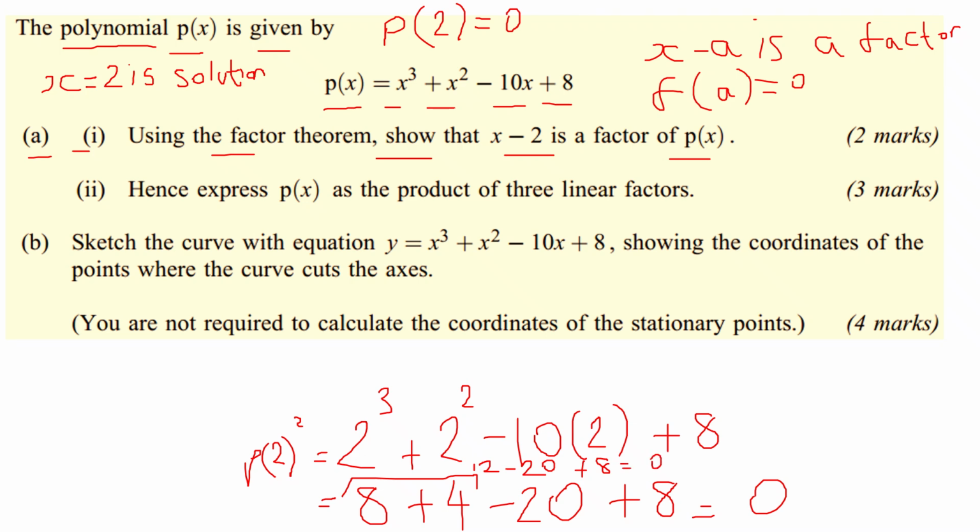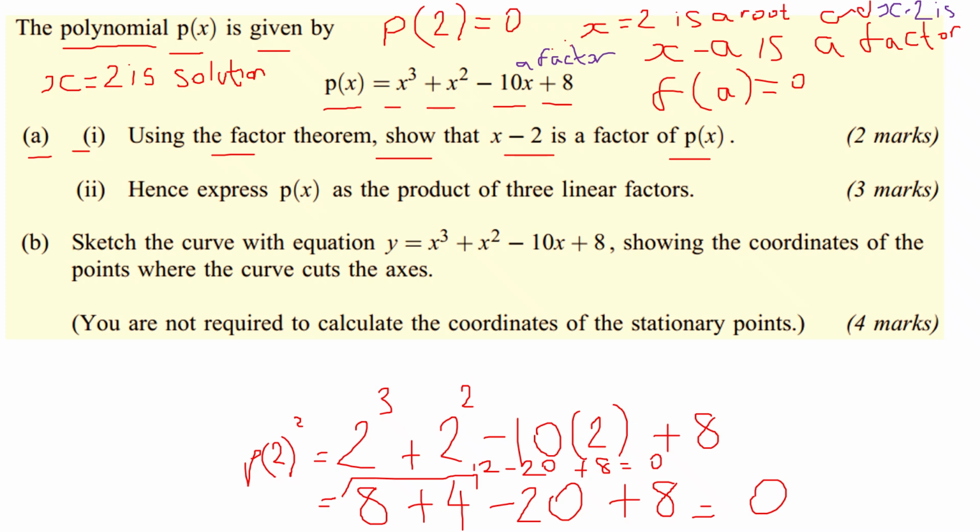But this is equal to 0, therefore x equals 2 is a root or a solution, and thereby x minus 2 is a factor. Sorry guys, about my lack of space, and I apologize. So x minus 2 is a factor.